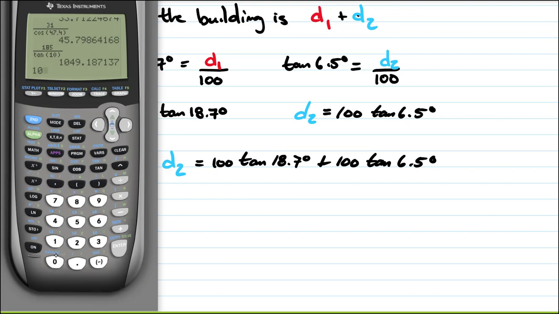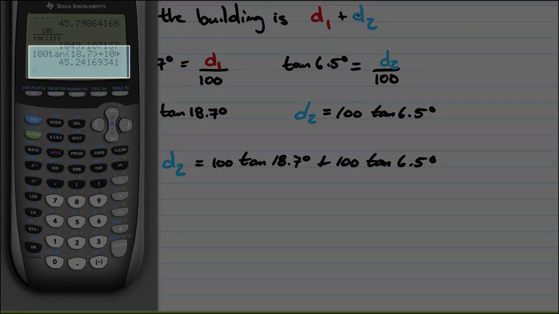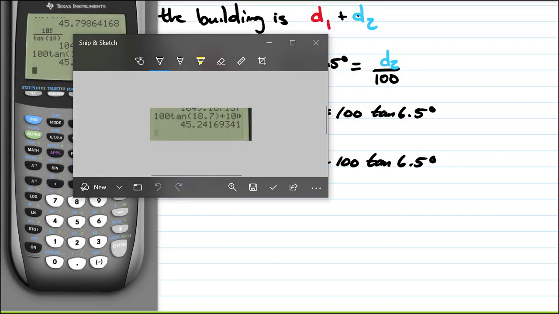So 100 times the tangent of 18.7 plus 100 times the tangent of 6.5. And putting all of that together, we end up with the building being about 45 feet tall.